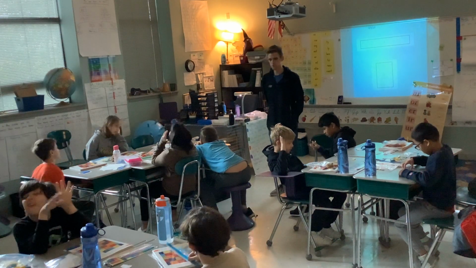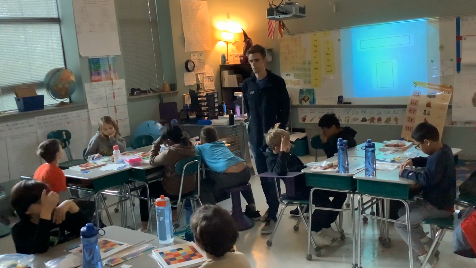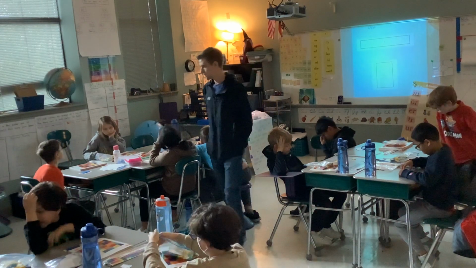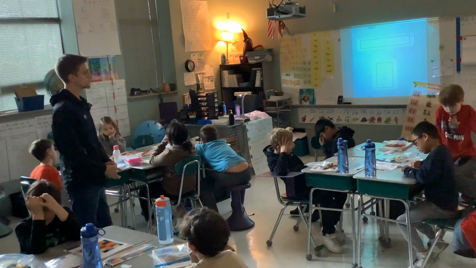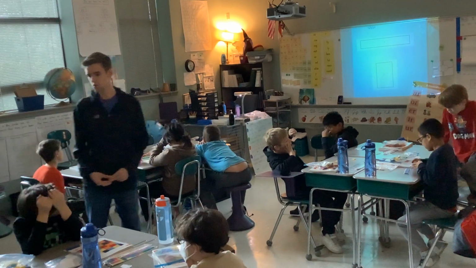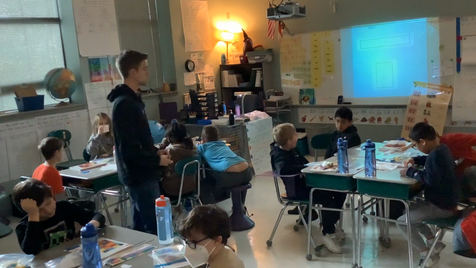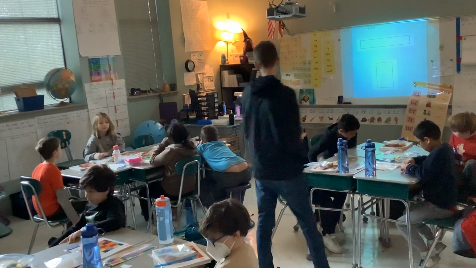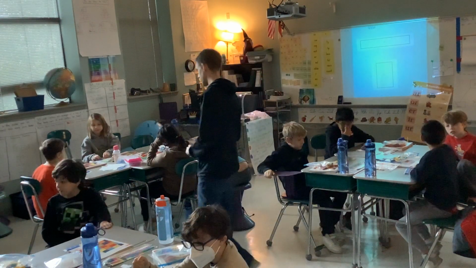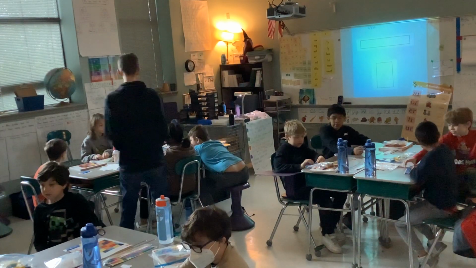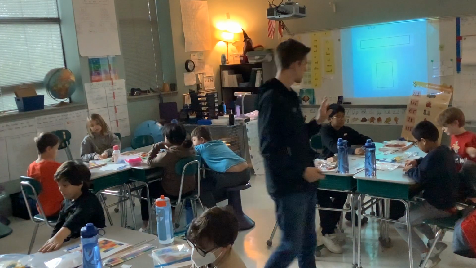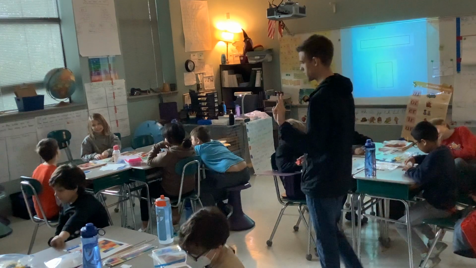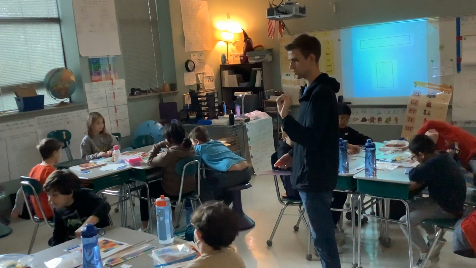All right, so I'd like you to turn and talk with your partner. Partner A, tell your partner how many square tiles your shape took up. And partner B, tell your partner how many square tiles your shape took up. 5, 4, 3, 2, 1, 0.